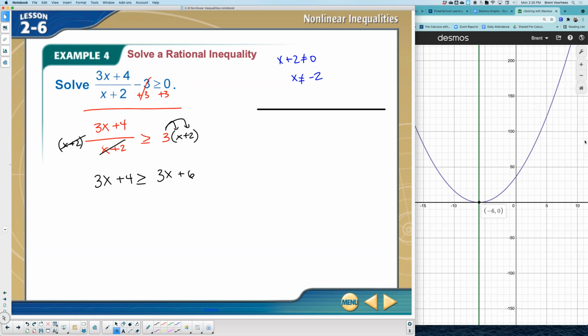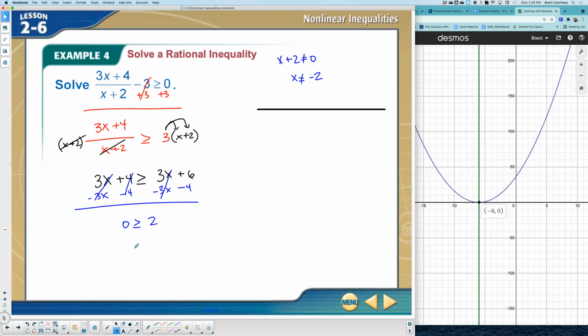And then you want to subtract 4? What if anything else could I do here? I would divide by 3. Do I really want to do that? What about just subtract 3x? And so when I do that, what happens here? 0 is greater than or equal to 2.